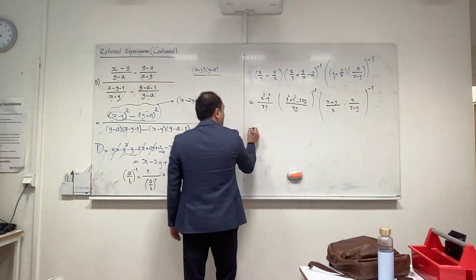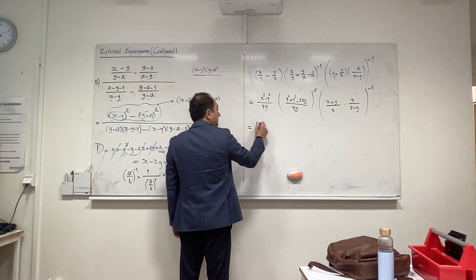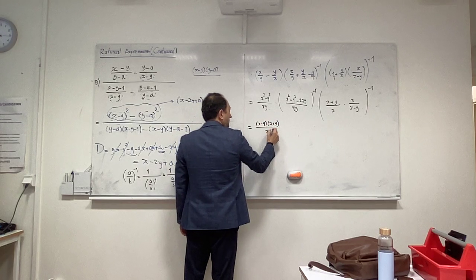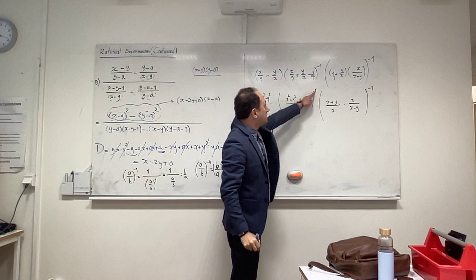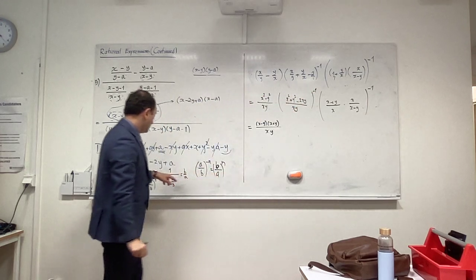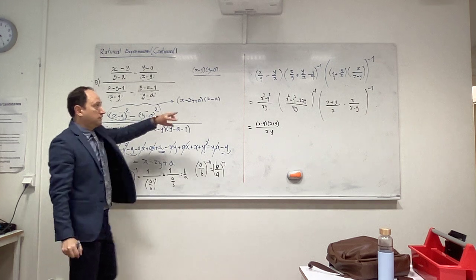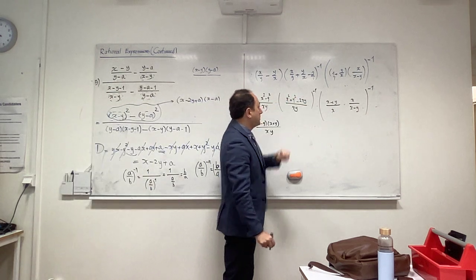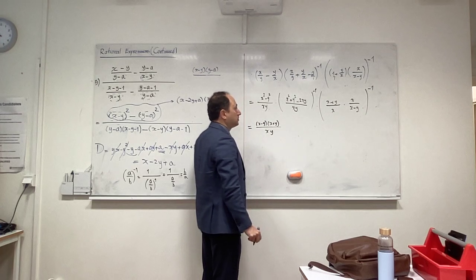Here, I can factorize it. Here, I have a minus sign. And this is one single fraction. So this rule actually applies. So I can flip them, and then it becomes positive 1, but I don't need to bother to write positive 1.